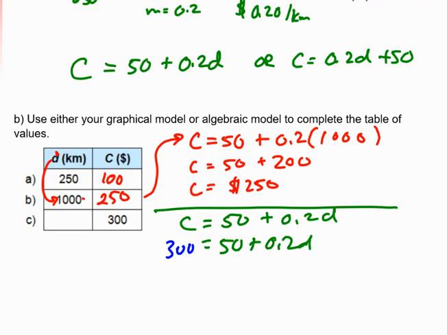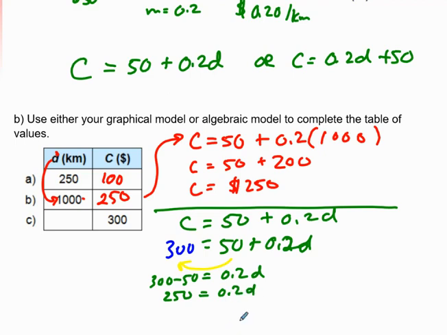All right, let's get rid of the 50. So we get 300 minus 50 equals 0.2 D. We're going to find out that 300 minus 50 is 250.